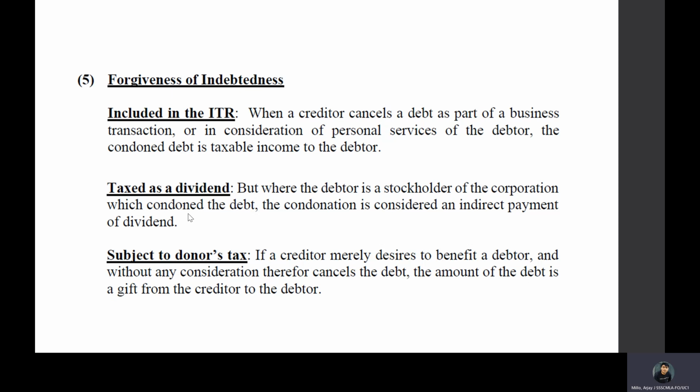So pag dividend, check natin kung ano ba yung source. Since domestic corporation, passive income. If hindi, check natin if resident ba or hindi. Pag resident, isama sa ITR. Pag hindi, wala tayong gagawin since outside of the Philippine tax jurisdiction.